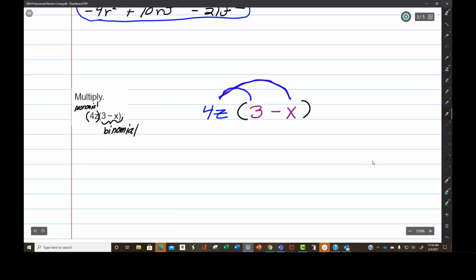Here's what you're going to do. Take what's in the parentheses, and take this 4z, and multiply by the 3.